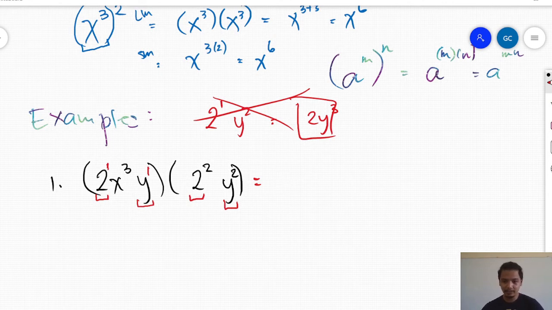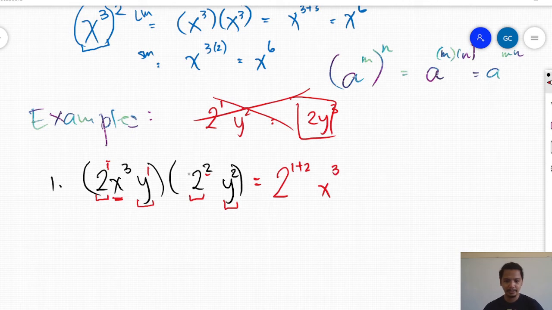So, para dyan, i-apply lang natin yung rules of exponent natin. So, halimbawa, meron ka dyang yung 2, parehas sila ng base. So, magkakaroon ka dyan ng 2. Yung 2 na yun, i-raise mo dun sa sum ng exponents niya, which is 1 at saka 2. So, we have there 1 plus 2. Ang gagawin sa x, wala siyang katulad na base. Tama ba? So, you just need to rewrite that.